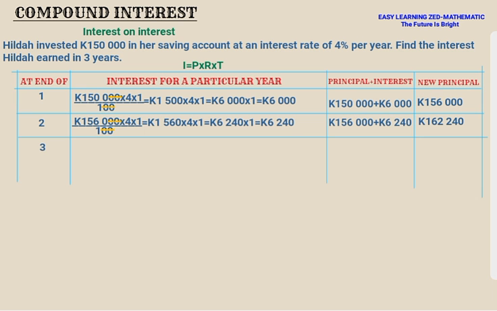Okay, now let's find the amount she has at the end of the third year. So that is the third year. What we're going to use is the money she has now in the account. Hilda now has this amount in her account, because at the end of the year, this is the amount she had. So at the beginning of the year, she will have that.